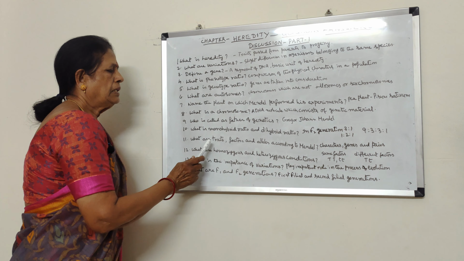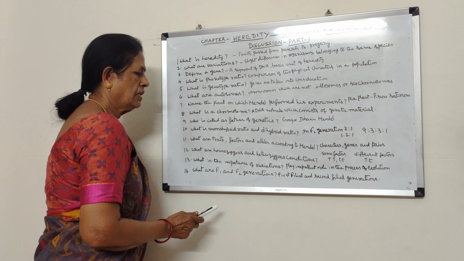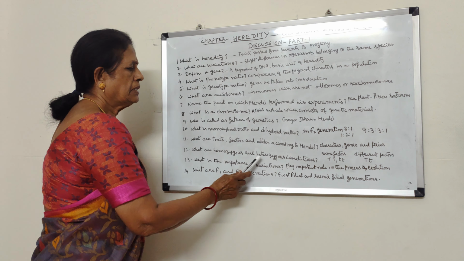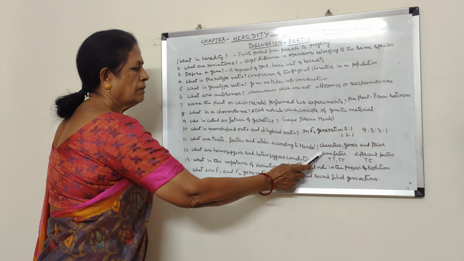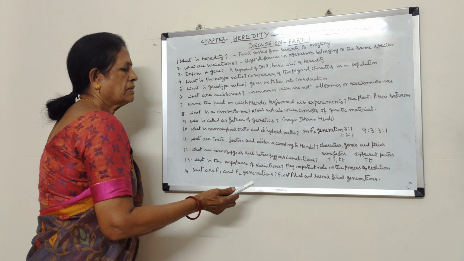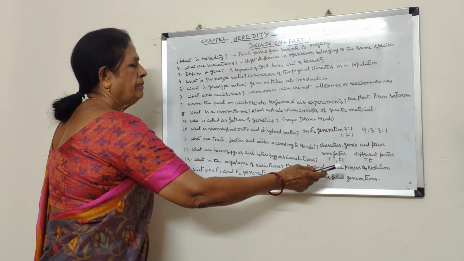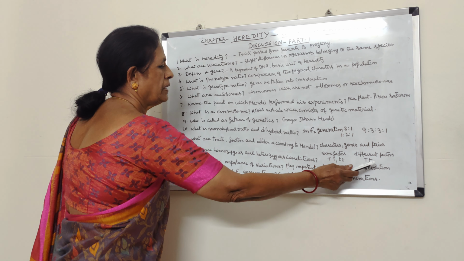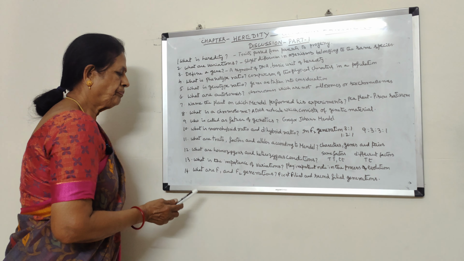What are traits, factors, alleles according to Mendel? Traits are characters, factors are genes, alleles are pairs. What are homozygous and heterozygous conditions? If one trait is under the control of the same factors, it is called homozygous condition, pure varieties. If the trait is under the control of two different factors, it is called heterozygous condition.